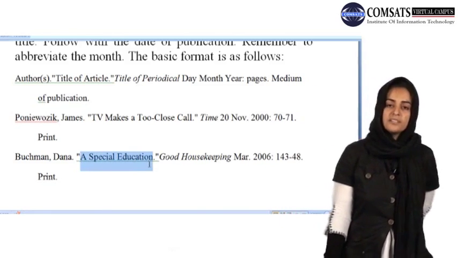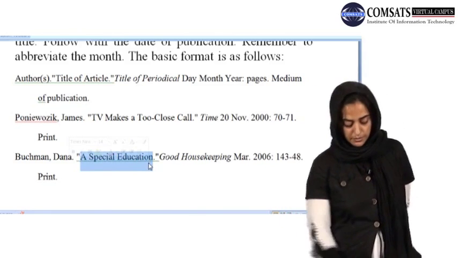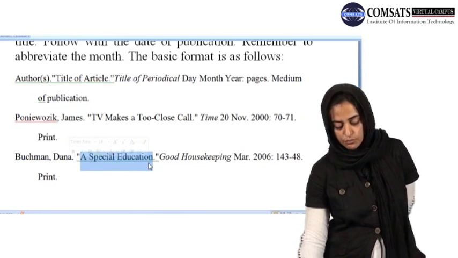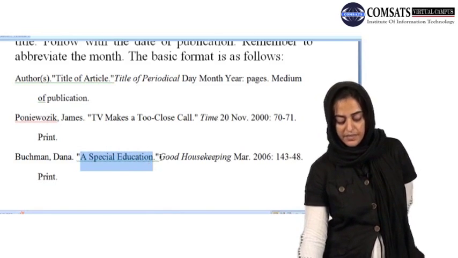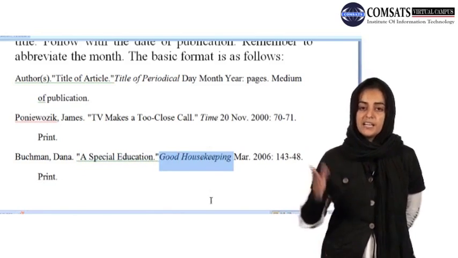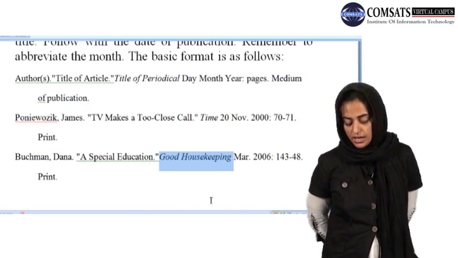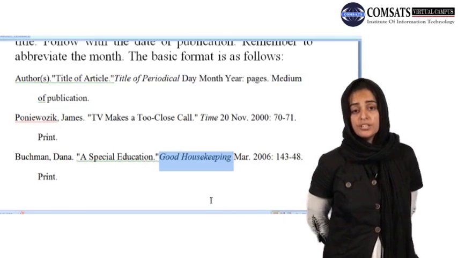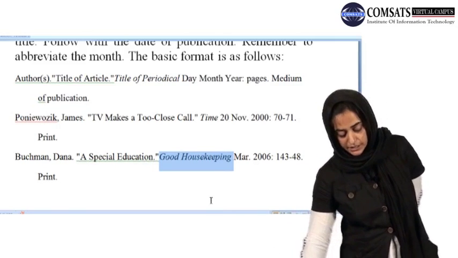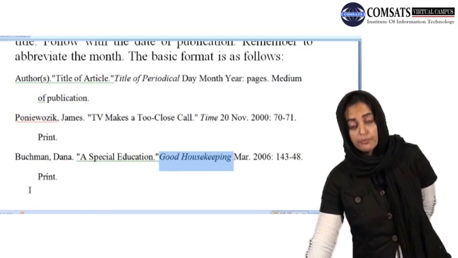It's in inverted commas, if you can see on the screen. After that would be the name of the periodical, that is Good Housekeeping, in italics. Then March 2006, after that a colon, then page numbers 143 to 148, a dot, and then the medium of publication, Print.